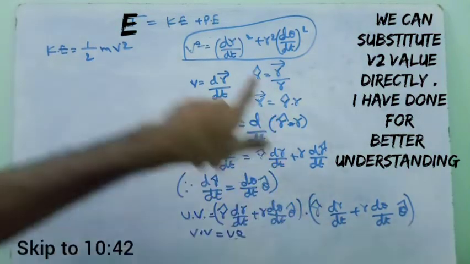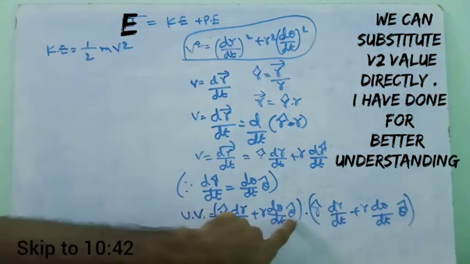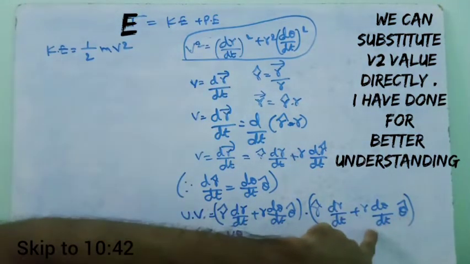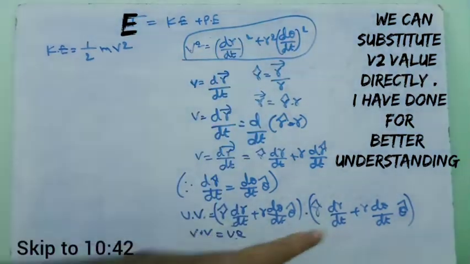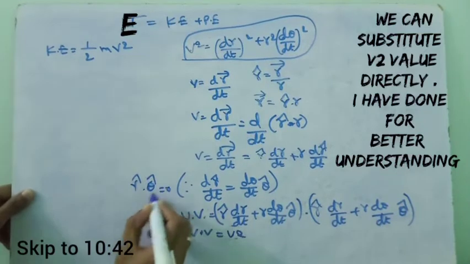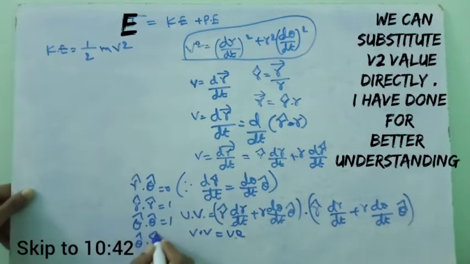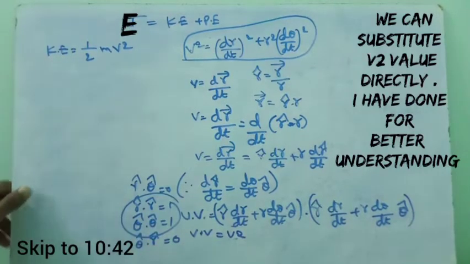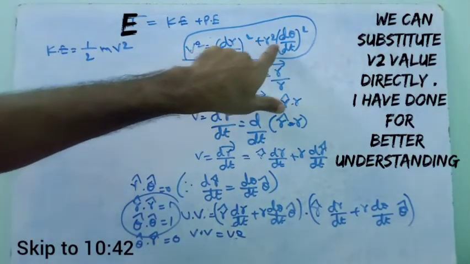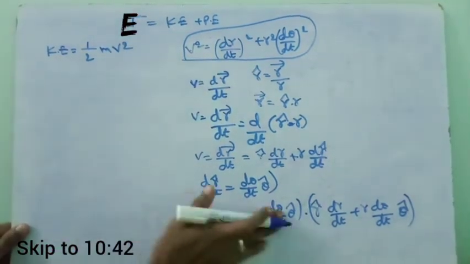Only the r cap with r cap term gives dr by dt whole square, and the theta cap with theta cap term gives r square d theta by dt whole square. The remaining two terms get cancelled because r cap dot theta cap is 0, r cap dot r cap is 1, theta cap dot theta cap is 1, and theta cap dot r cap is 0. Only these two values are obtained: dr by dt whole square plus r square d theta by dt whole square.